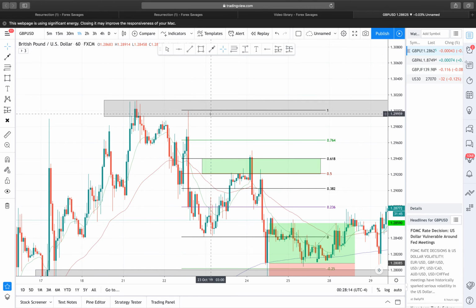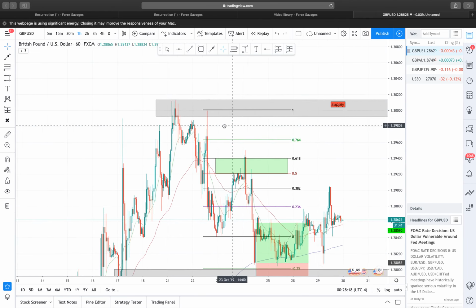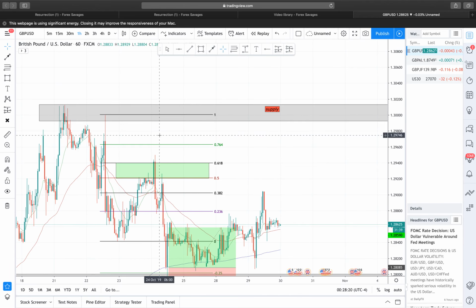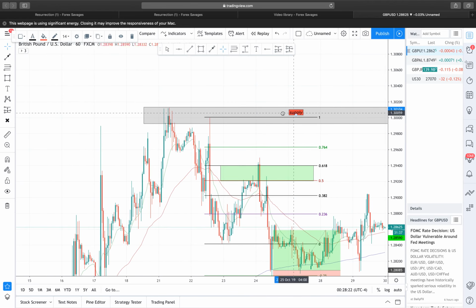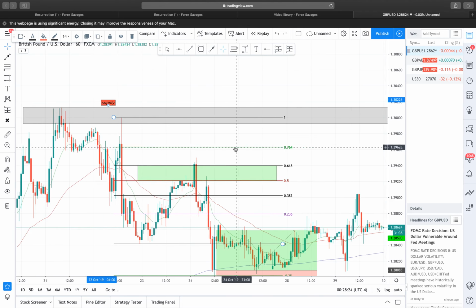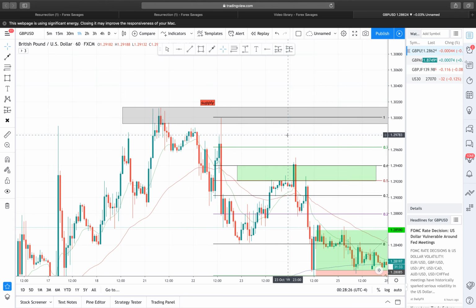Also, right here, this was our 4 hour supply zone. As you can see, like I said, these are very needy zones. They're like support and resistance zones, but very needy. The price will always find its way right back there.